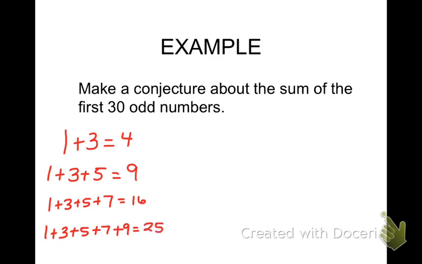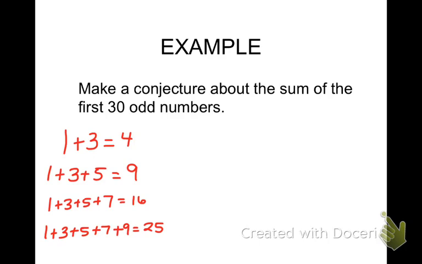Does anybody see a pattern yet? They all are turning out to be perfect squares, right? Okay. Well, now how do we get from the sum of the first 2 to 4? And the sum of the first 3 to 9? And the sum of the first 4 to 16?